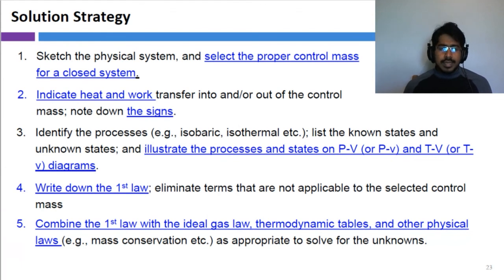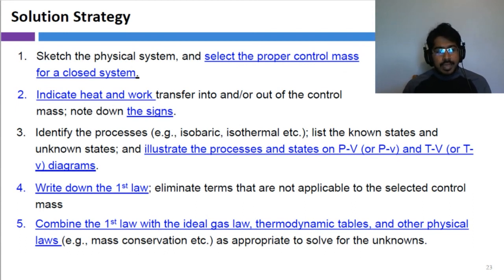Try to draw it, and then you say, okay, now this piston goes up, and are there any stops or not, and then you have a sense, right? And then after picking the system boundary, indicate heat and work transfer in and out of the control mass or the system boundary, right? Note down the signs, very important, whether it's going out or coming in. So you mark the numbers there, right?